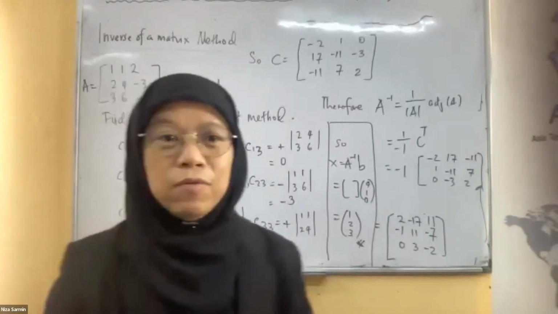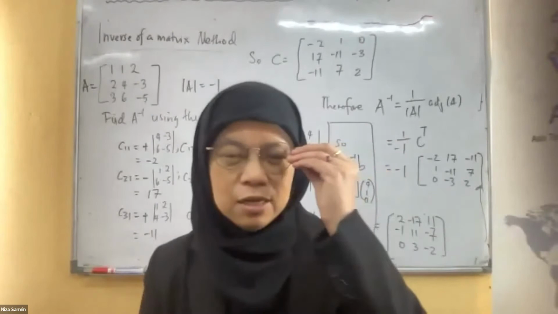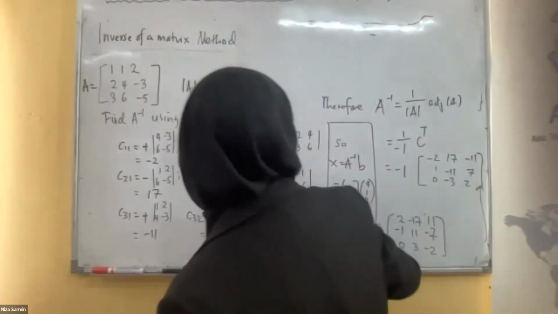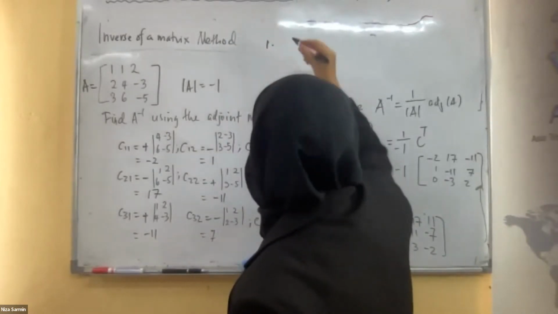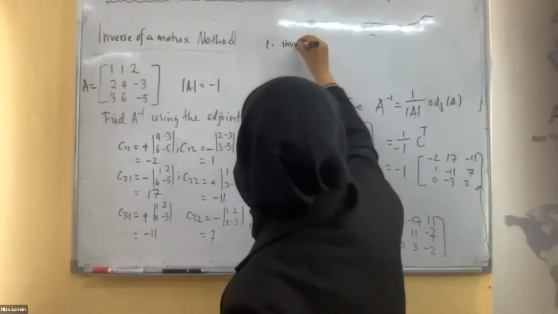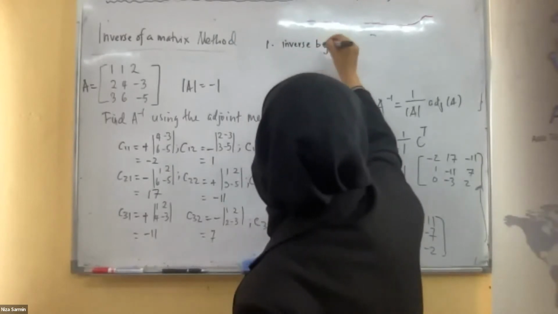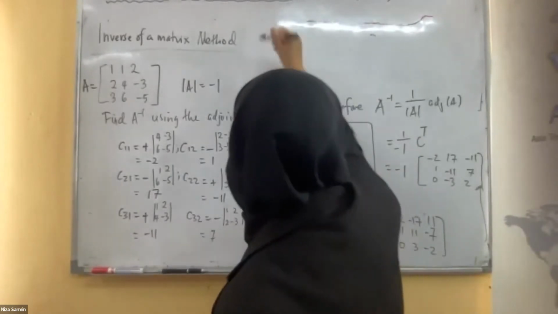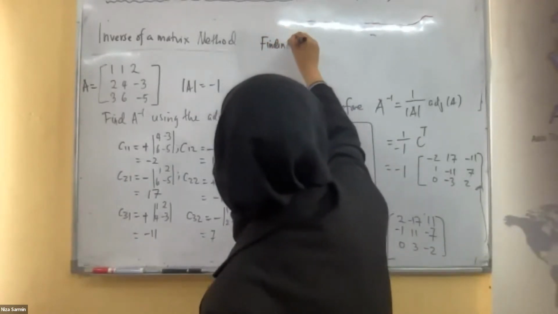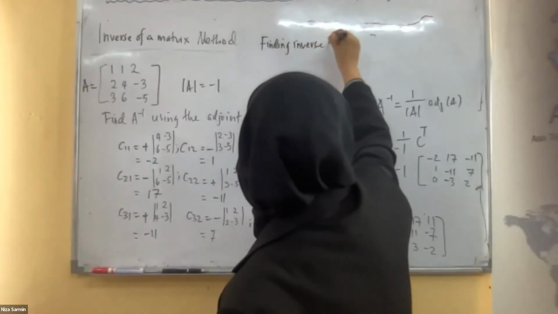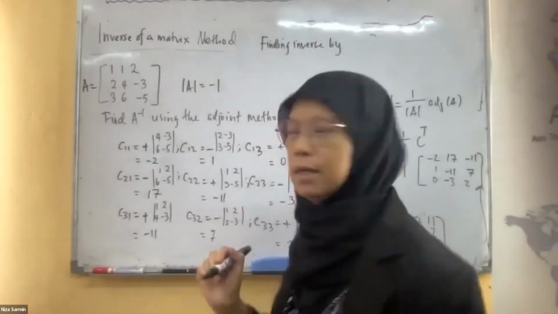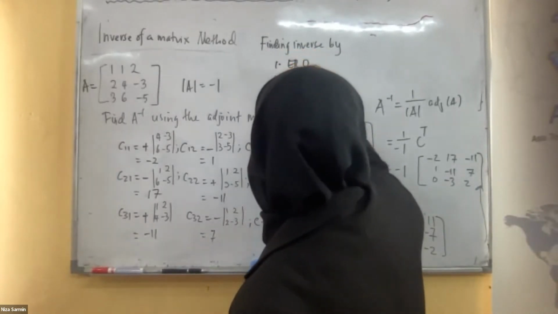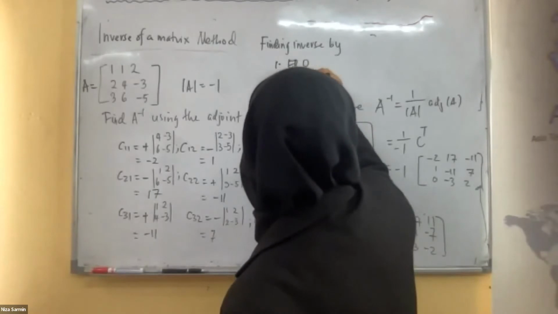Okay, now I want everyone to write in the chat, do you prefer finding the inverse by ERO or by the adjoint method?